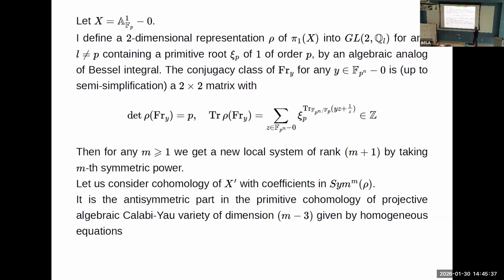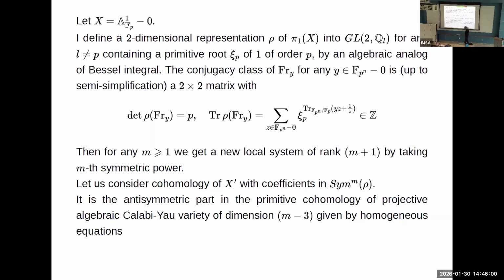And these things come from a representation to GL2 of the fundamental group. The fundamental group of the affine line in positive characteristic is enormous, because you have some kind of wild behavior at infinity. It's an analog of irregular singularity, so it's very different from the naive one.